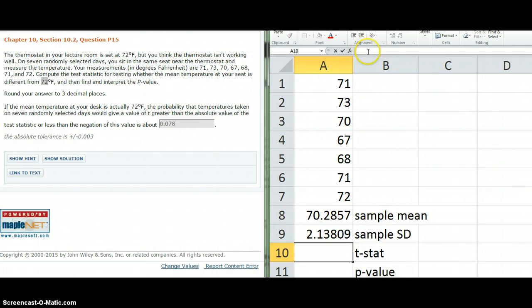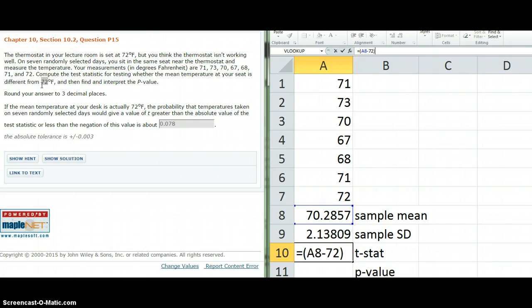Okay, how do we get our t-stat? Well, this is basically saying how far off from the hypothesized mean are we? So we got a 70.2 average. We're going to subtract out that 72, which is the hypothesized mean. And really, that would give us the difference between our mean and our hypothesized mean.